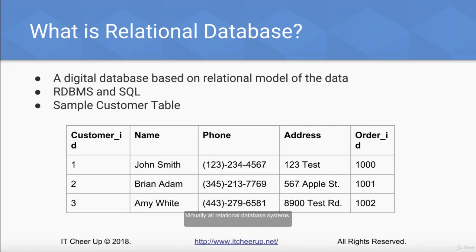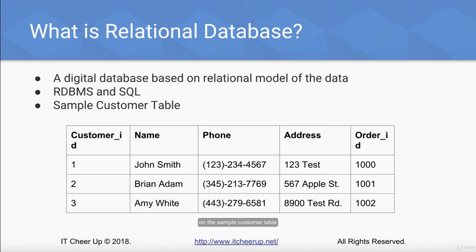Virtually all relational database systems use SQL, structured query language, for querying and maintaining the database. A relational database is a collection of data items with predefined relationships between them. These items are organized as a set of tables with columns and rows.